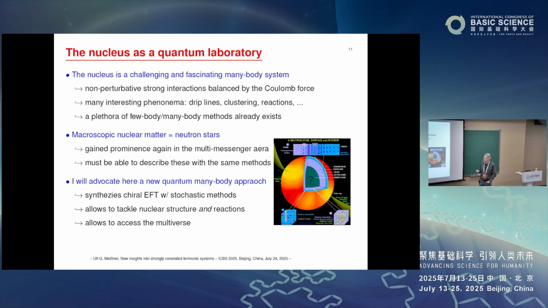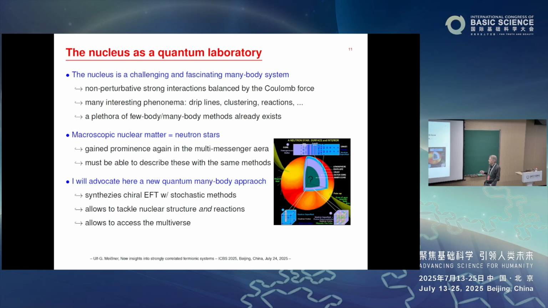Now, the nucleus is also an interesting quantum laboratory because there's an interplay between the non-perturbative strong interaction, which essentially keeps the nucleons together, and the Coulomb force between the protons. So it's an intricate interplay between electromagnetic and strong interactions, and there are many interesting phenomena one has to understand.